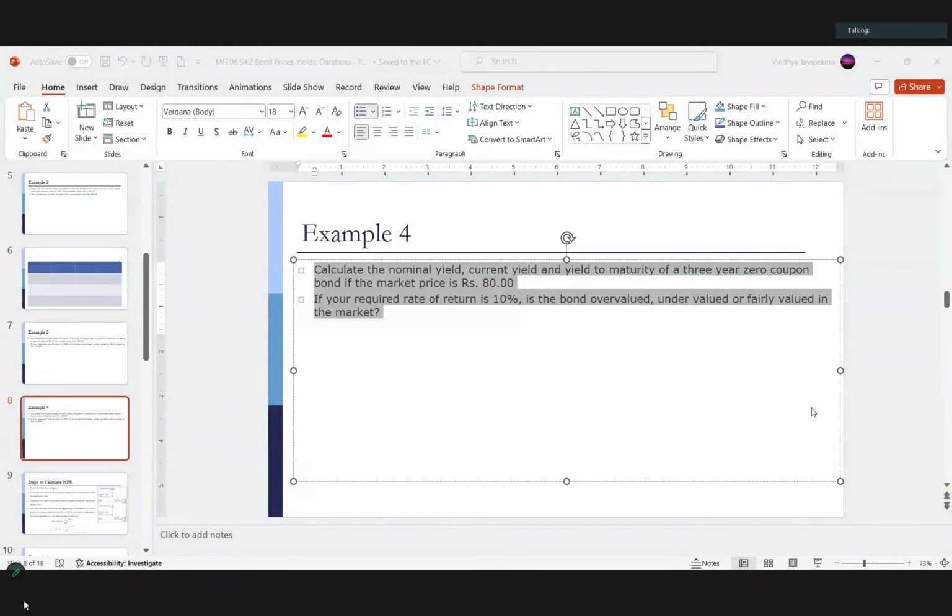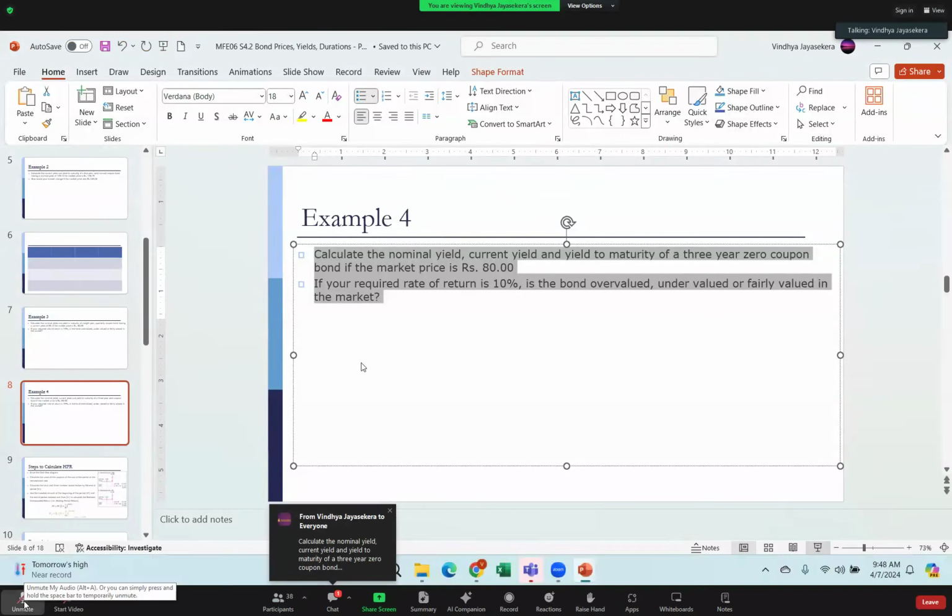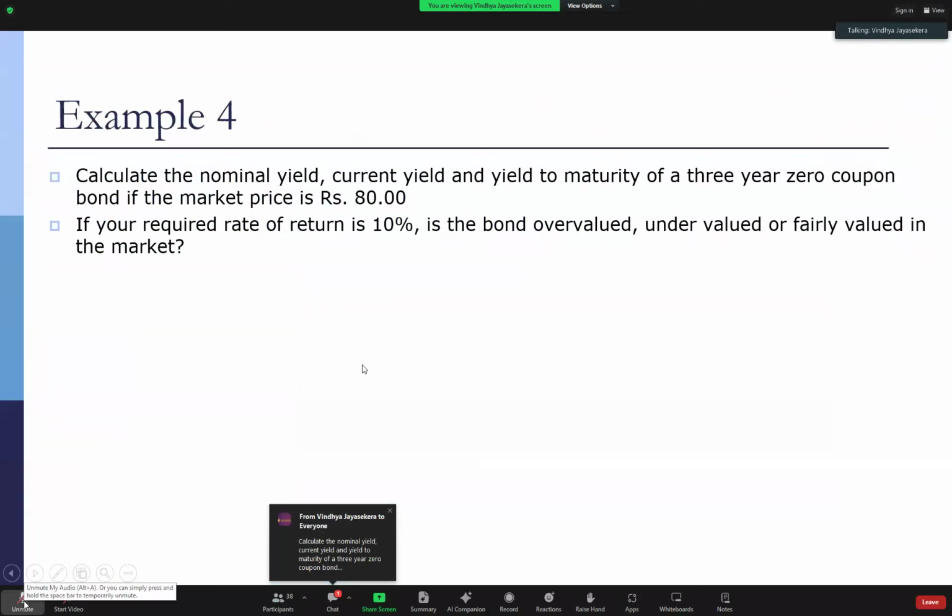I've sent it on chat. It's a zero coupon bond. Won't take time. It's a tiny little question.